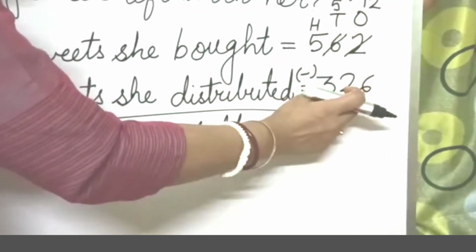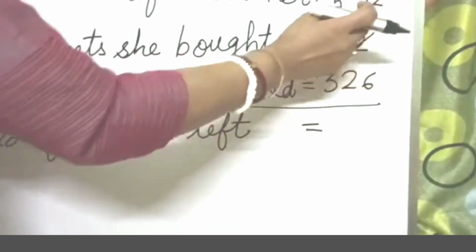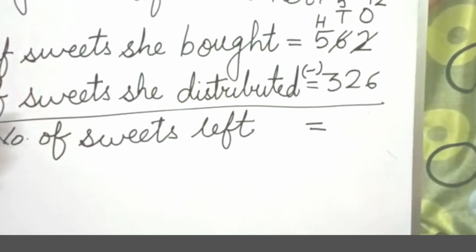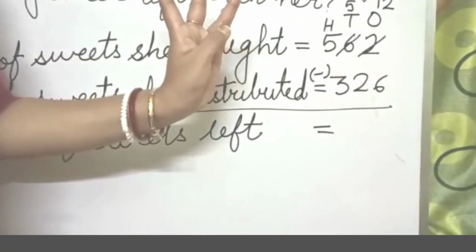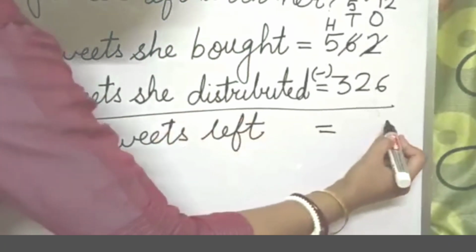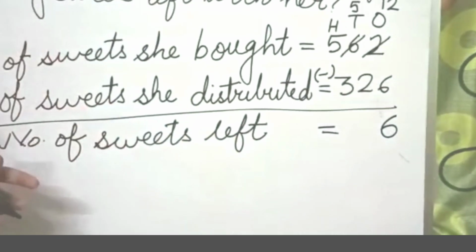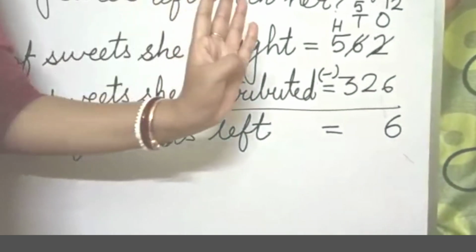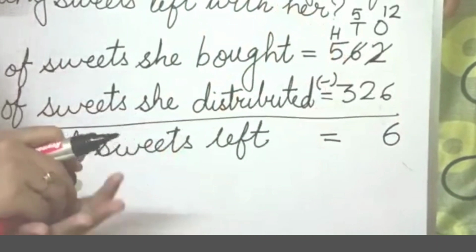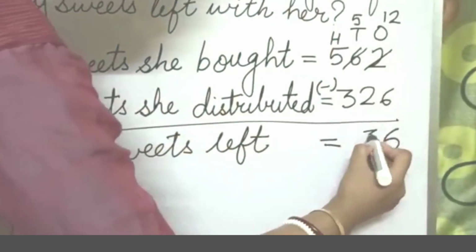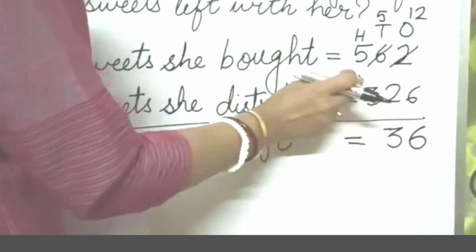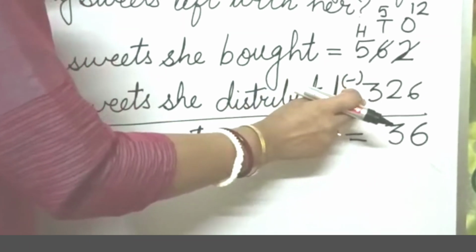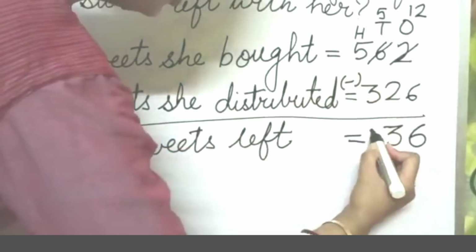Now count after 6 till 12: 7, 8, 9, 10, 11, 12. So 6. And 5 minus 2: 3, 4, 5. So 3. And 3 we have to subtract from 5: after 3, 4, 5. So 2.